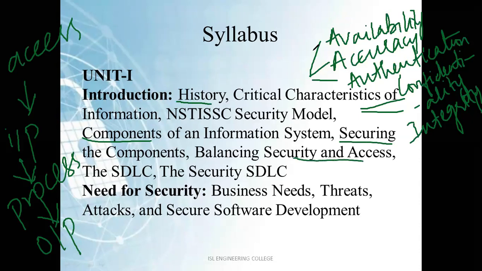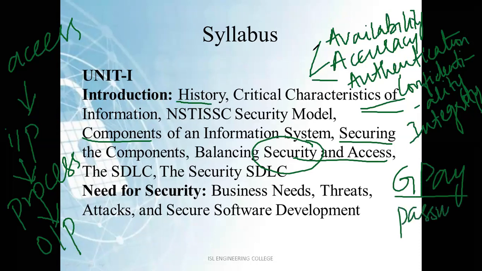Then balancing security and access. To provide security to a particular application, suppose you do not want to give anyone access to the GPay account installed on your phone. For security, you might add a password. When you're adding the password, to whom are you giving the access?